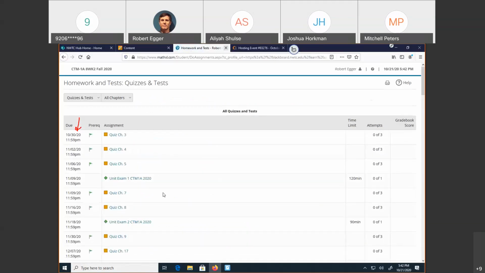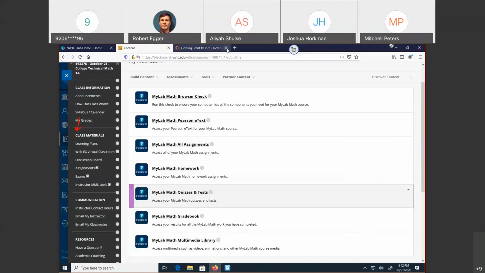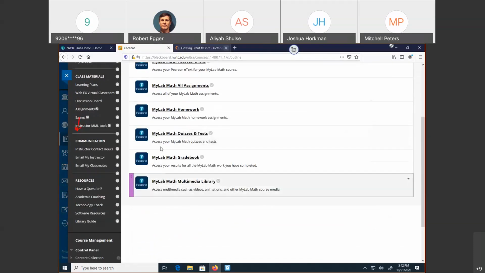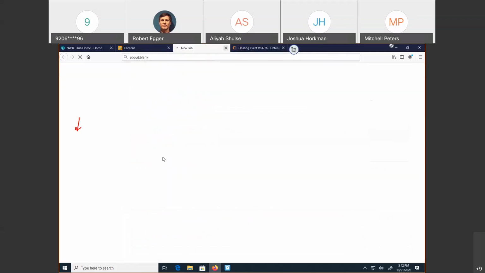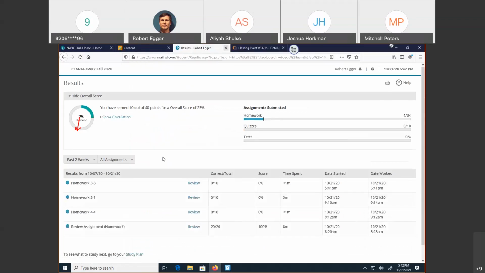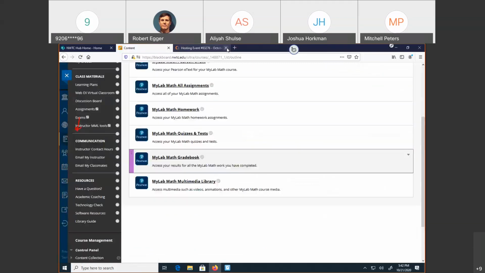Green circles are homework, orange squares are quizzes, and green diamonds are exams. You can also see your grade book in the My Math App grade book, just for your stuff.